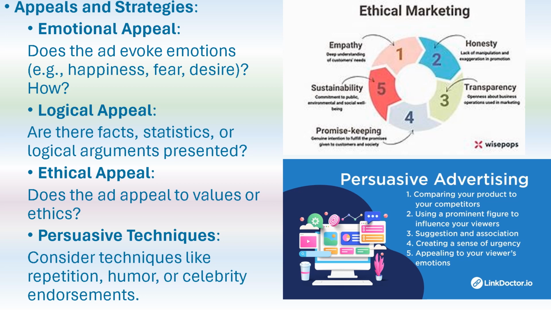Now, persuasive advertising basically compares your products with competitors. They use prominent figures to influence your decision when purchasing a product. They make suggestions and associations that relate to your life experiences. They create a sense of urgency. For example, they'll tell you there's only 100 left, rush out and get one.